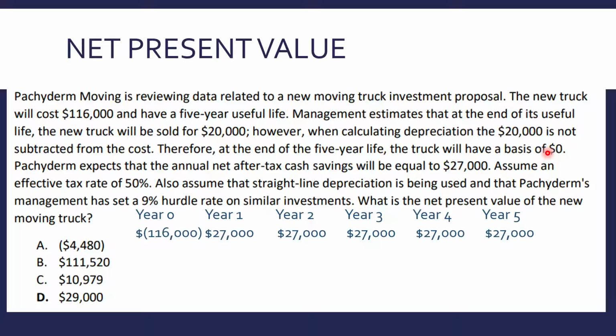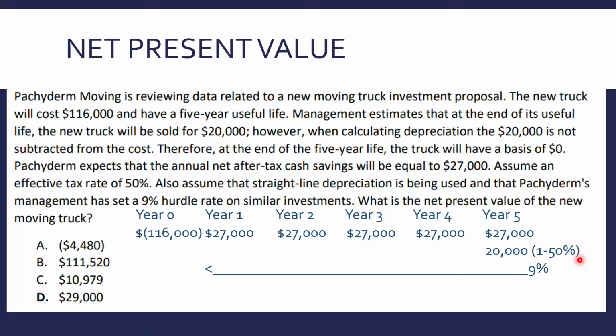So we have to tax this amount. $20,000 times 1 minus 50%, that's the tax rate, you will have $10,000. So what are the future cash flows that this project is expected to generate? You have $27,000 each year until year 5, and then you can sell the machine for $20,000, taxable at 50%.